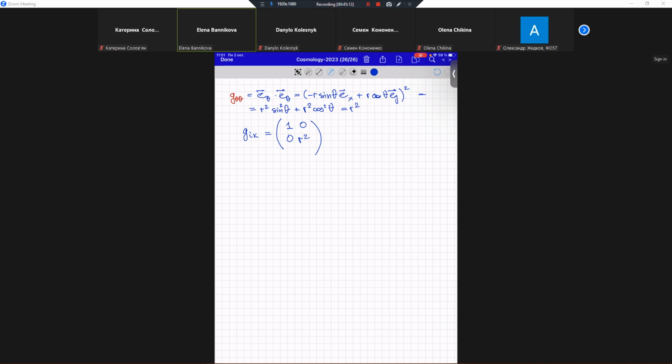For example, this is the point where we can ask a question. How do you think, if we have a cylinder and we are on the surface of this cylinder, in this case the curvature, where this space is the surface of the cylinder, so two dimensions. Is the surface curved or not?